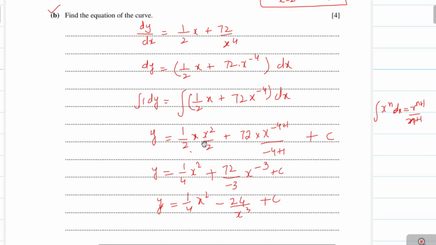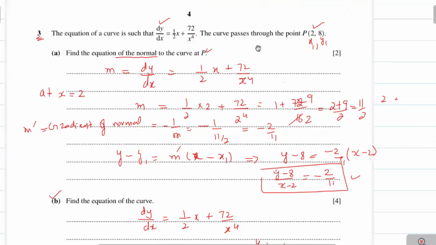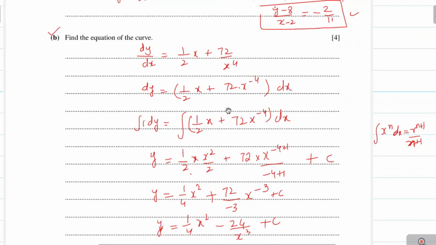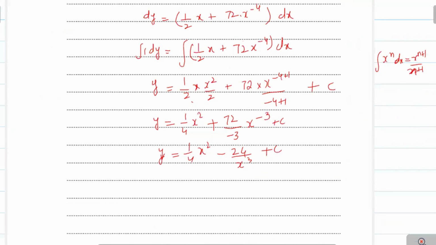To calculate the value of c, we use this value, P is 2, 8. Now we put the value in this equation of the curve, 2, 8. You see here the value of y for point P is 8. The value of x is 2.